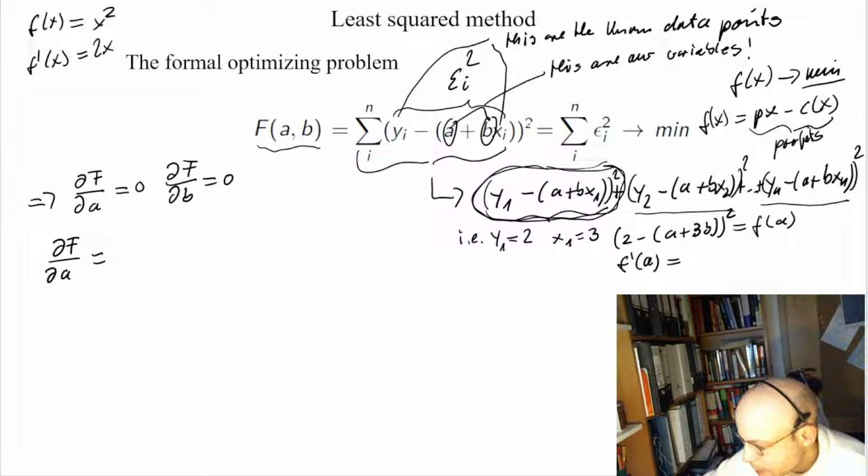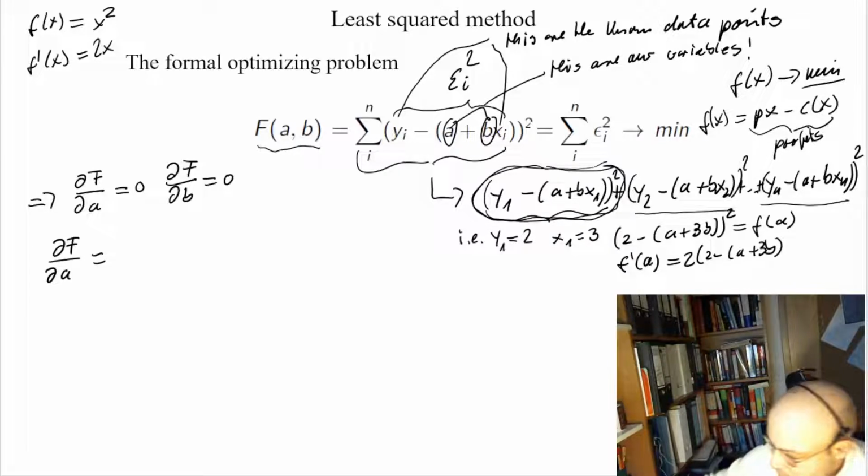So we have to calculate the outer derivative. This is 2 times (2 minus a plus 3b). And then, of course, we have to calculate the inner derivative.